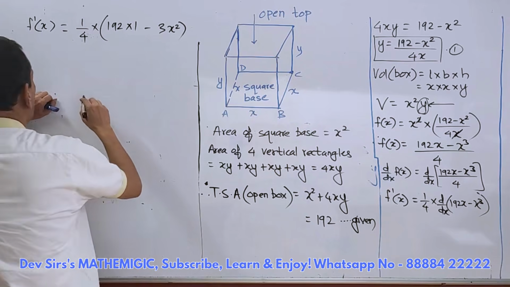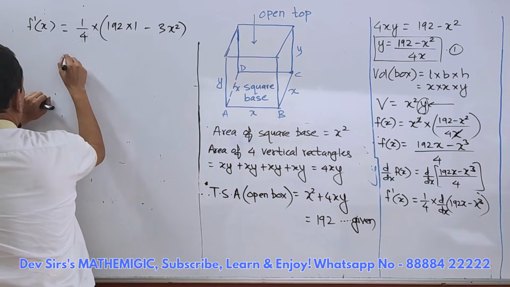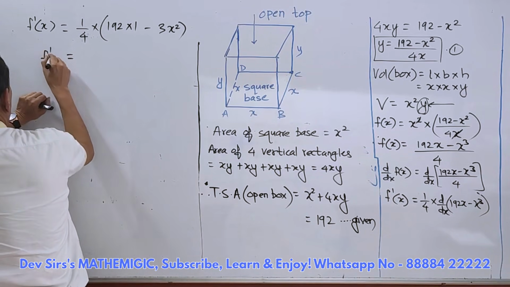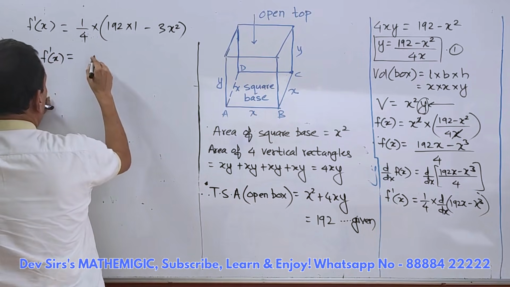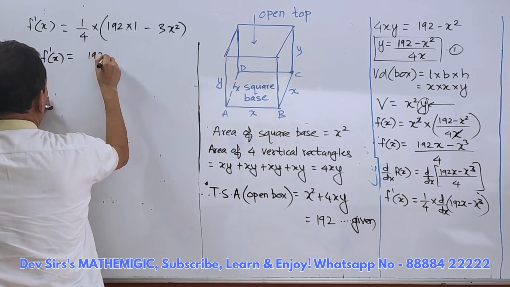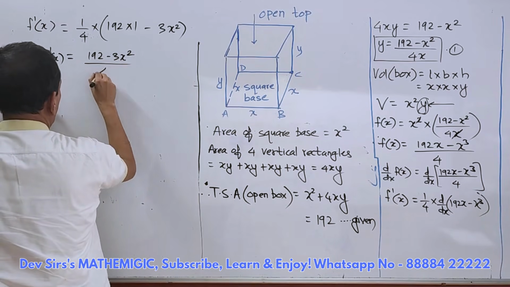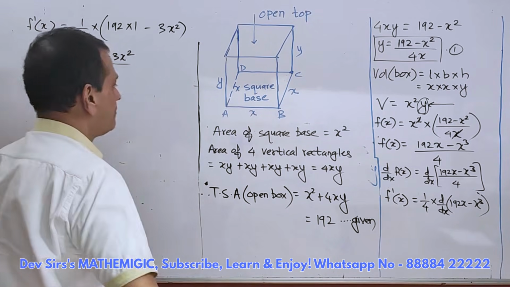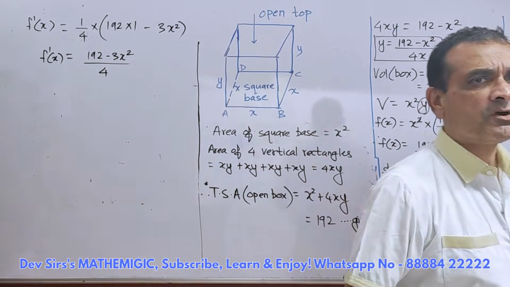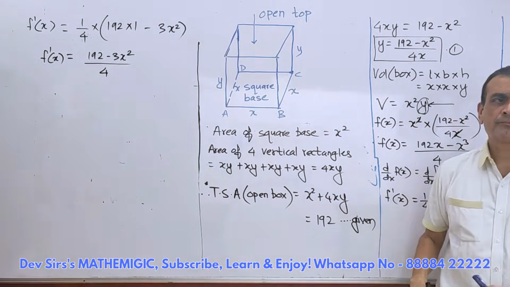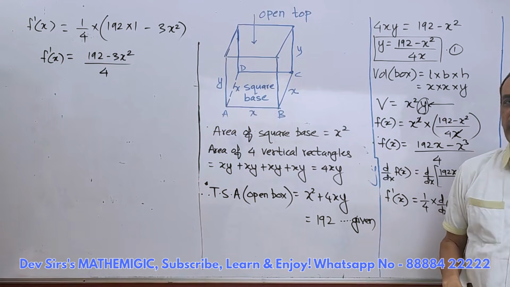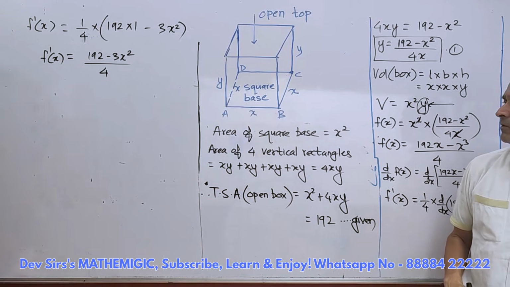So I get f dash x is 192 minus 3x squared upon 4. Followed? That is what I get. That is the value of f dash x.